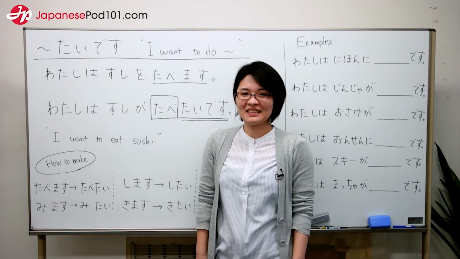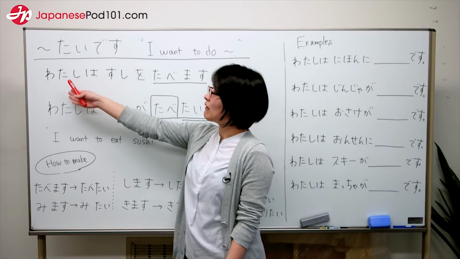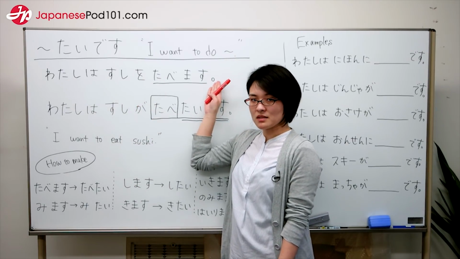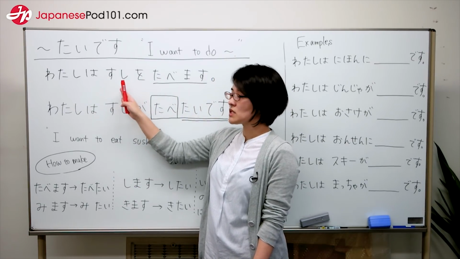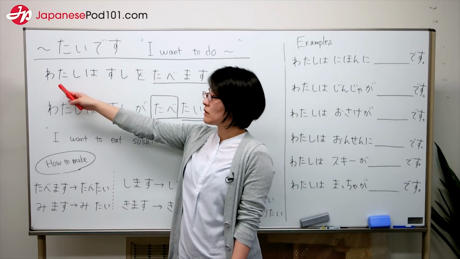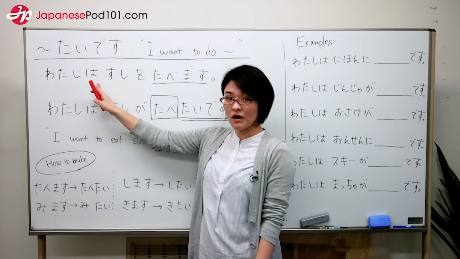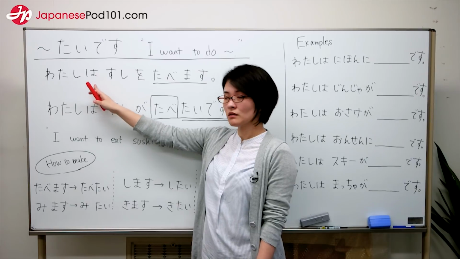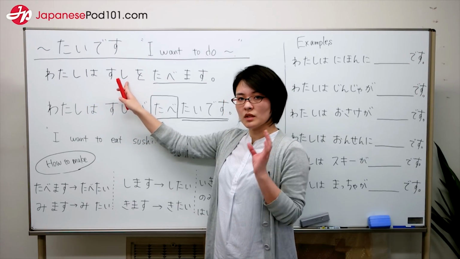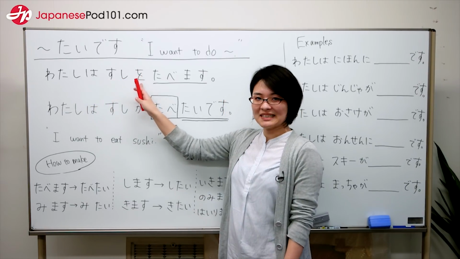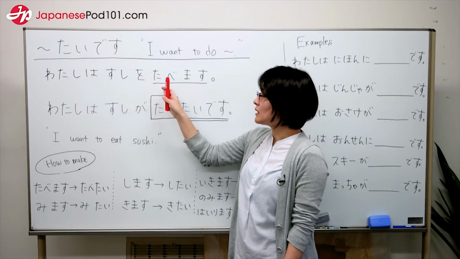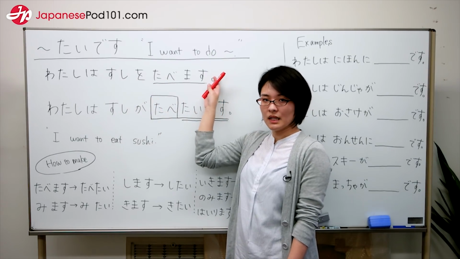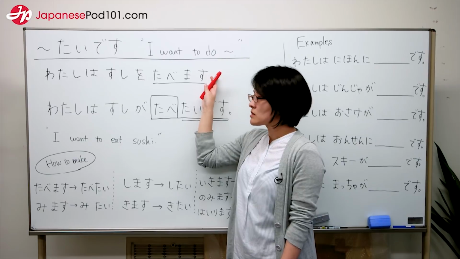So let's go. The first sentence is 私は寿司を食べます, meaning I eat sushi. Let's break it down. 私 means I, wa is the topic marking particle, and sushi is the Japanese traditional food. O is the object marking particle, and then 食べます means eat in masu form.